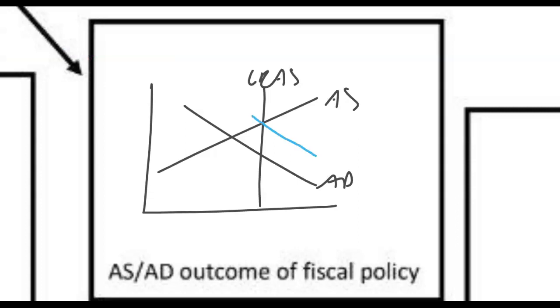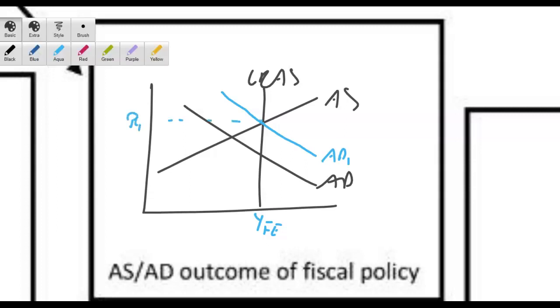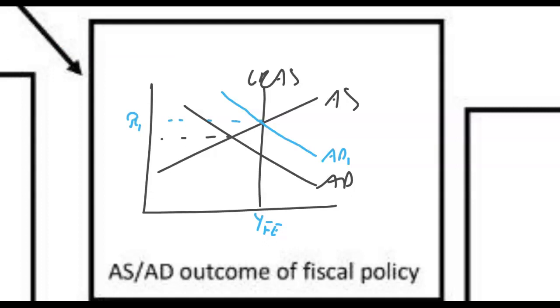I like to make it very obvious that I'm right there, so I always start from this point and go down and up. That way, there's no question I am now at the full employment mark. So that's AD1, because of the fiscal policies. And definitely do all of your labeling. We should always be labeling everything, and I'm going to be a good teacher and do that also.